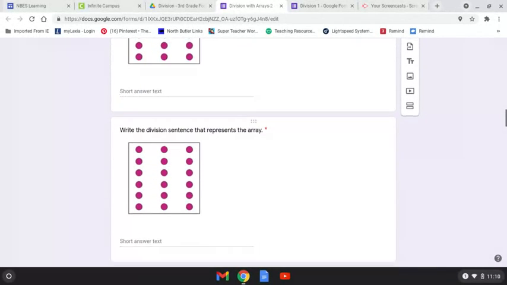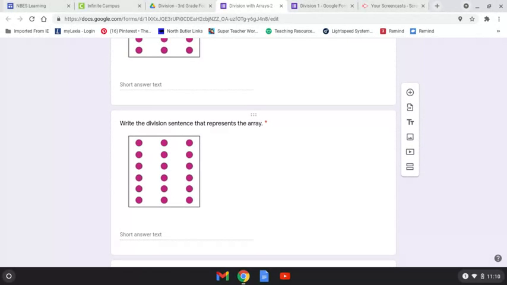You'll come on down, and this is the last part of this array. We want you to write a division sentence that represents the array. Remember, you'll start out with your dividend. That's your big number, the total number in your division sentence that you're going to be splitting up, which is represented here in the array as the total number of dots, or circles.